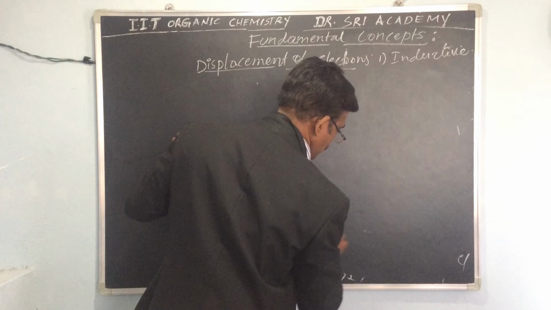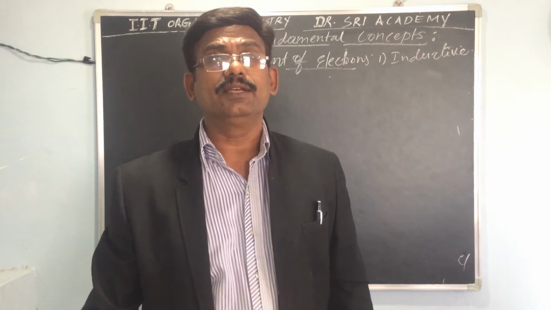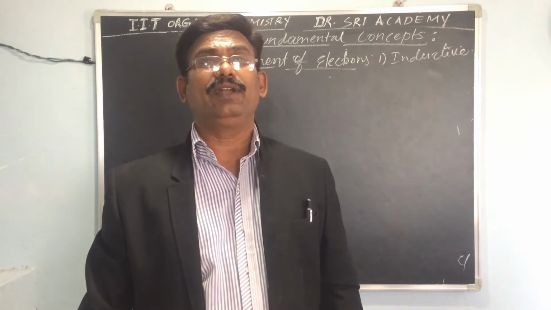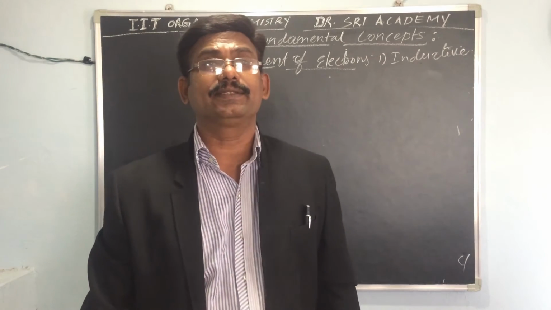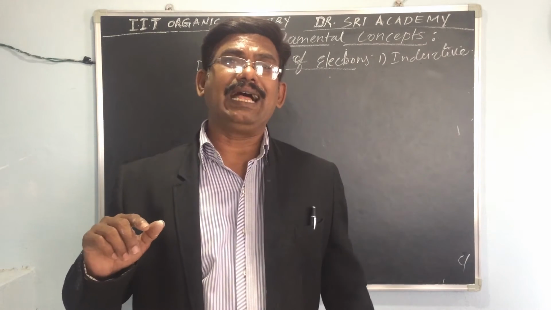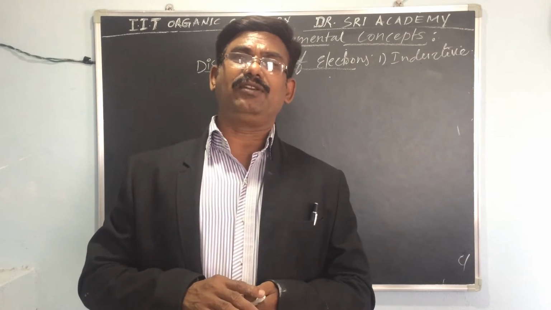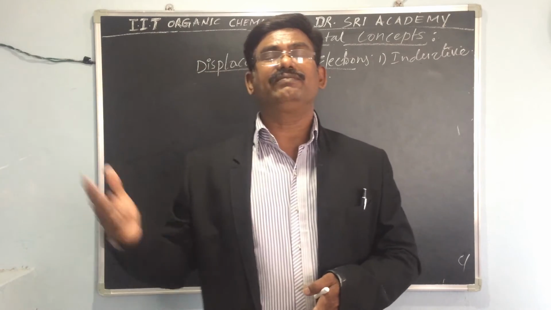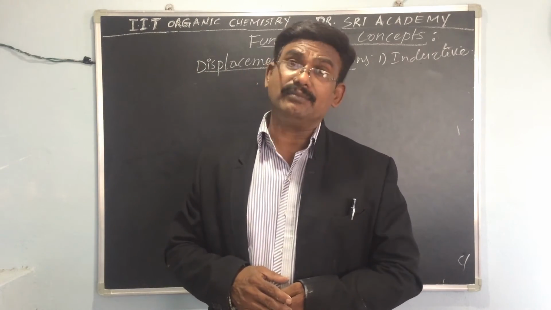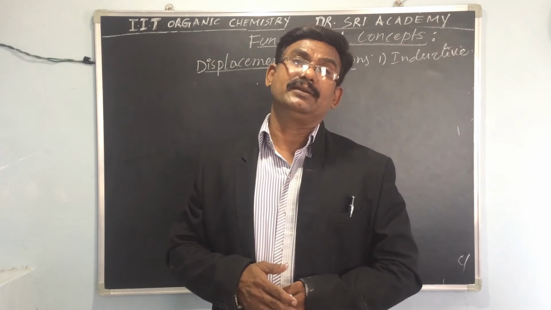And now the plus I effect. So what is the plus I effect? What are the groups in this? Simply the electron releasing nature, not withdrawing nature. Electron releasing nature of the groups or atoms is called the positive inductive effect.